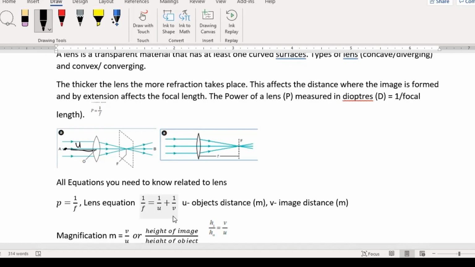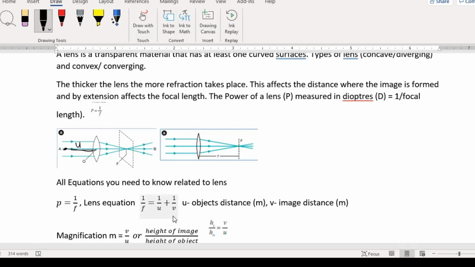Now, as you can imagine, depending on the type of lens, we can produce different images. Like with a converging lens, depending on where the object is located, you can either produce a real image, or you can produce a virtual image in some cases, and you can also produce an upright image or an inverted image.